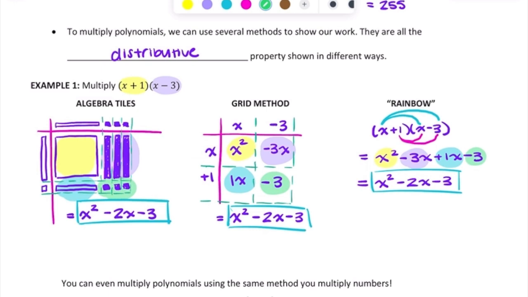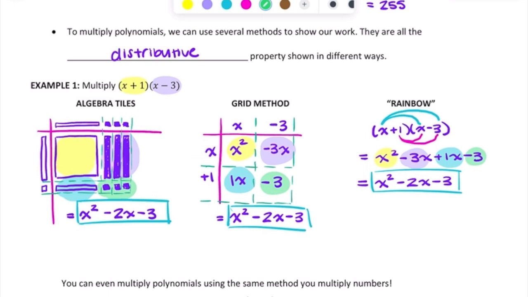Now, algebra tiles, kind of like before, only really work if we have those smaller degree terms. So if we just have a single x in a bracket, that's going to work out just fine because x can be used to represent a dimension. But if I have x squareds in some of my brackets, I'm not going to be able to use the algebra tiles method.